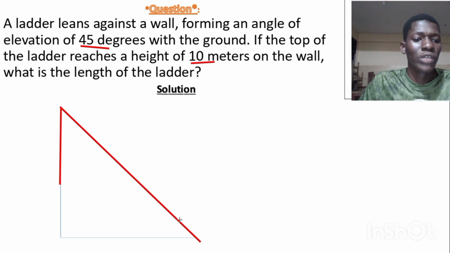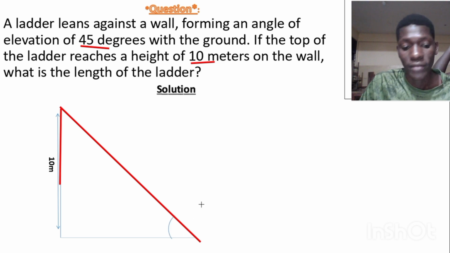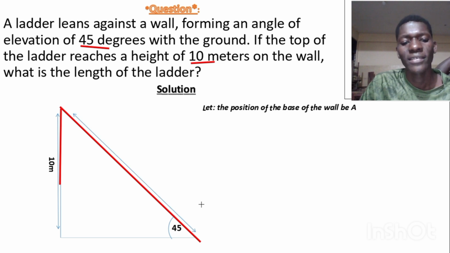So we have to input what we're given into the triangle. So we're given that the height of the wall is 10 meters. So put 10 meters here. And the angle of elevation, we're also given that it is 45. We'll put our 45 there. So we weren't given the rest. So let the position of the ladder be what?